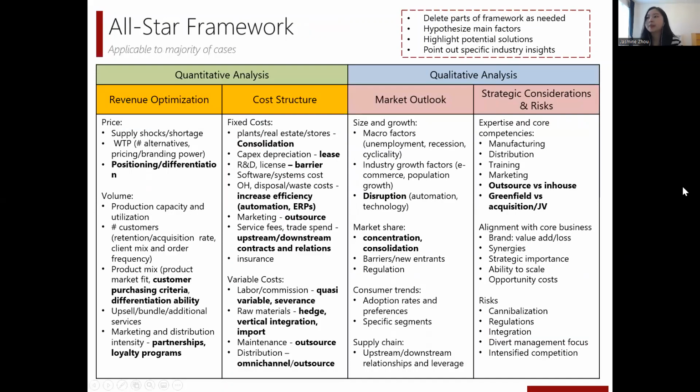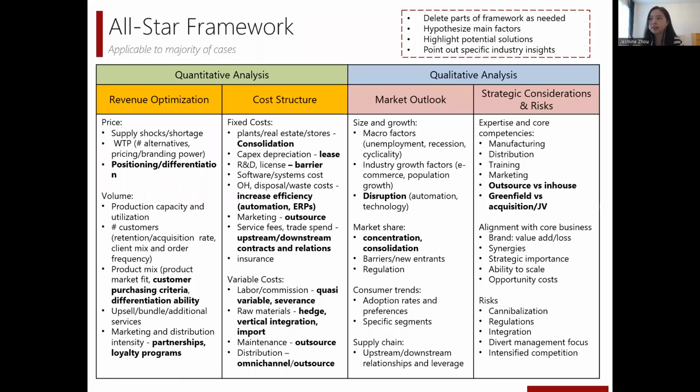Okay, so that is about it. Just to wrap up, this is again the all-star framework that I have been using all throughout any type of case. Just to recap, you can think of it being split into quantitative analysis and qualitative analysis.